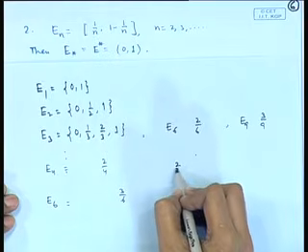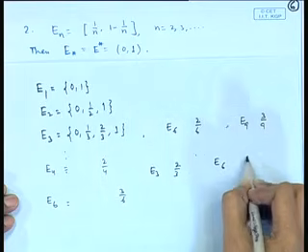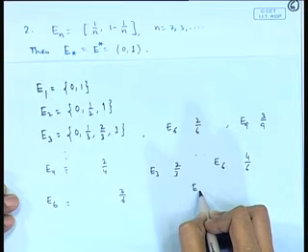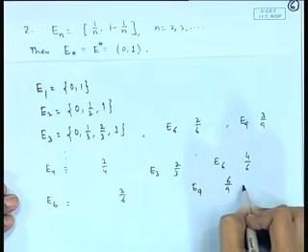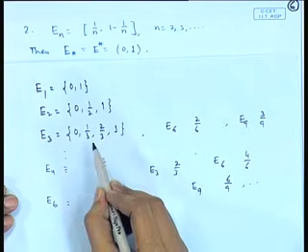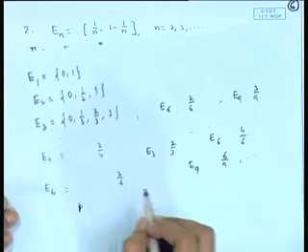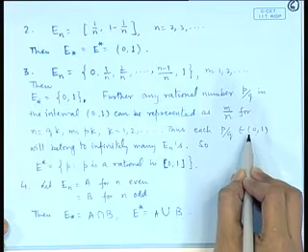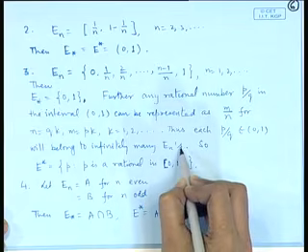Suppose we consider a point say 2 by 3, then it belongs to E3, it will again belong to E6 as 4 by 6, it will again belong to E9 as 6 by 9, etc. Therefore, we conclude that all the rational numbers of the form p by q in the interval 0 to 1 will belong to infinitely many of the E n's.